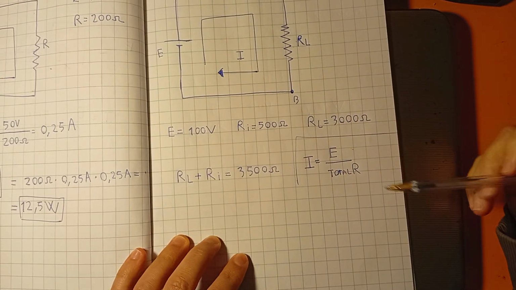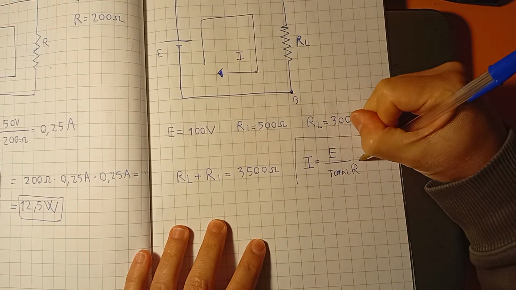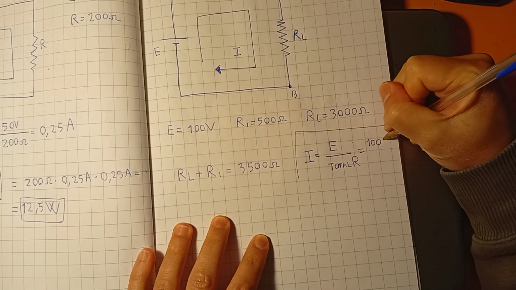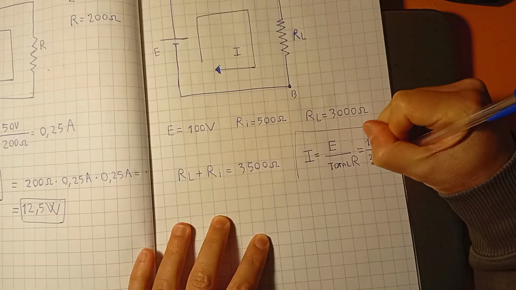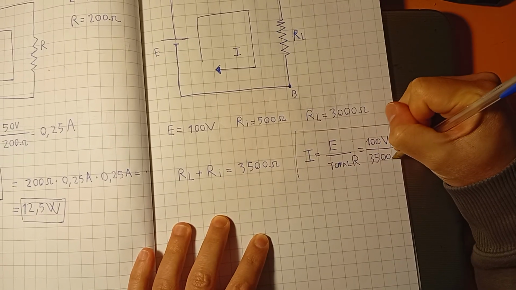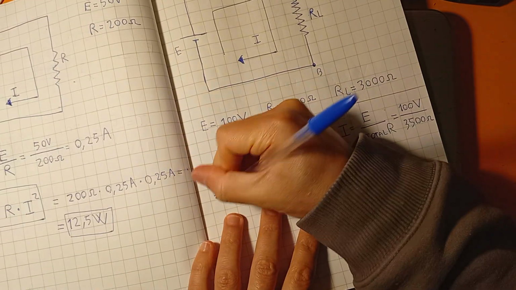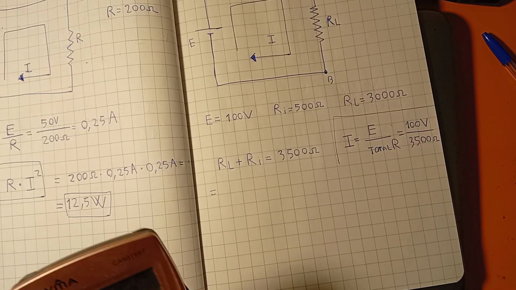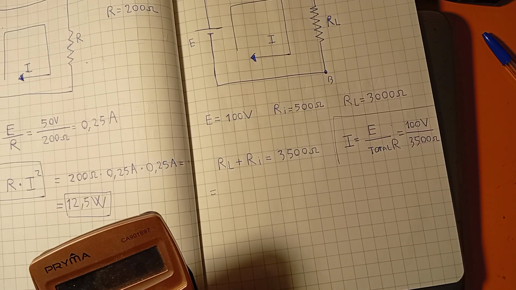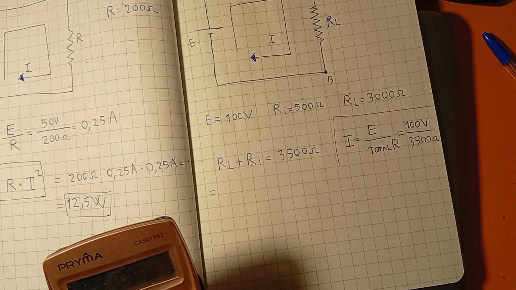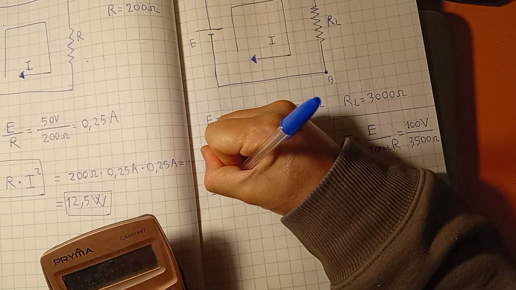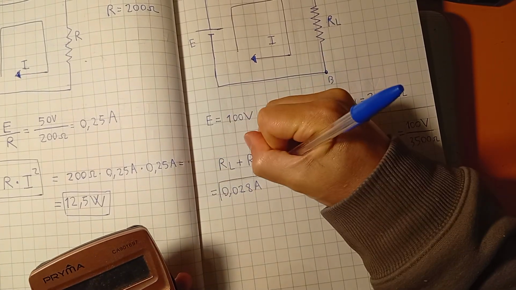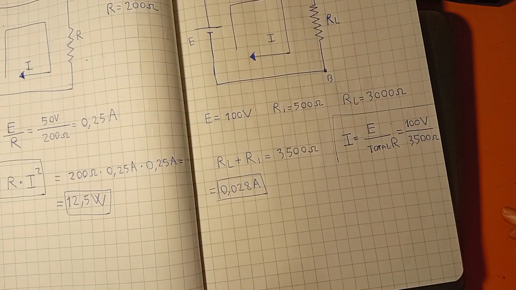So the value of voltage source divided by the total resistance, and the value of current is 100 volt divided by 3500 ohm. The value of current is 0.028 ampere. So this is our current.